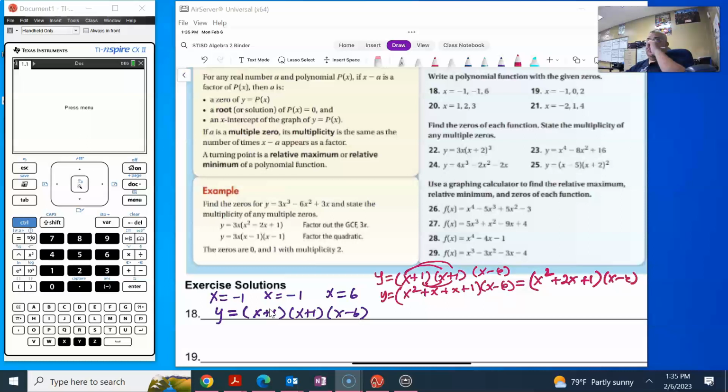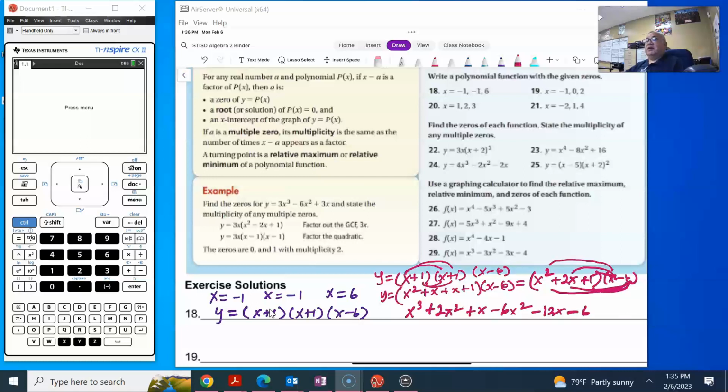So now I'm going to go ahead and multiply the trinomial by the linear factor. So we have x times x squared is x cubed, x times 2x, 2x squared, x times 1, x, negative 6 times x squared, negative 6x squared, negative 6 times 2x, negative 12x, negative 6 times 1 is negative 6.